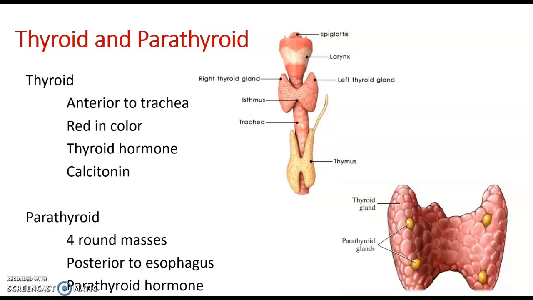The parathyroid produces another family of hormones called parathyroid hormones, and these come into play when calcium levels in the blood become too low. When calcium levels are too low, this will be detected by the hypothalamus. Remember that link between the endocrine and the nervous system. And this will produce parathyroid stimulating hormone from the hypothalamus, which will cause the parathyroid to secrete parathyroid hormone.